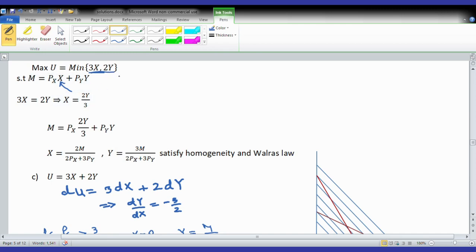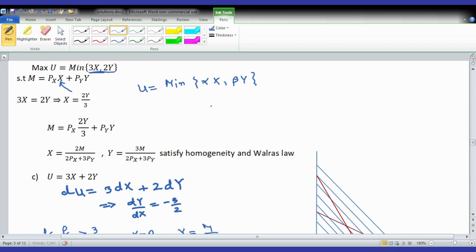Whenever you are given a utility function, u equal to the minimum, let's write it in a more general form: u equal to the minimum of alpha x or beta y. So what is the way of finding the Marshallian demand function for this utility function?